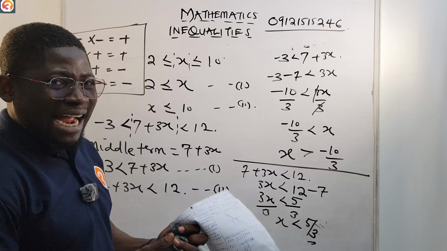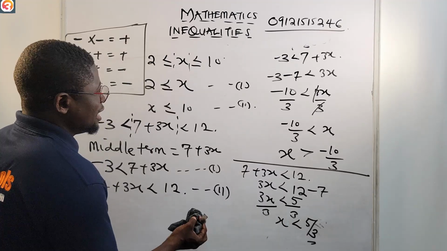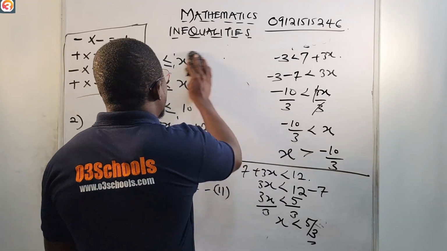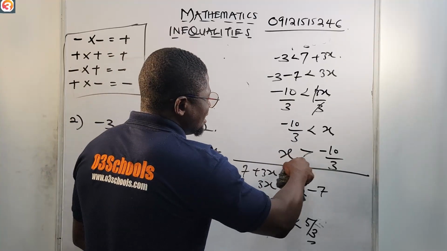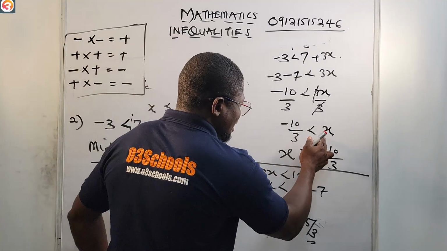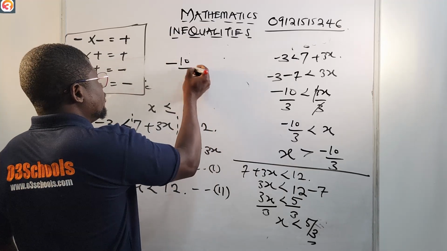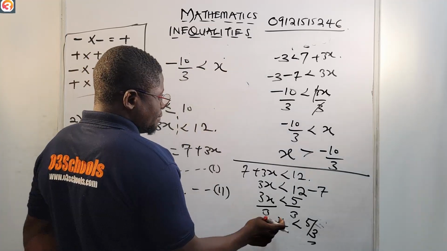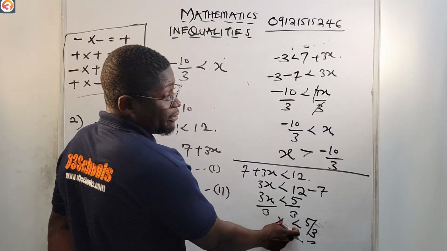Let me show you how you can combine what we have split now. We have x is greater than minus 10 over 3, which means minus 10 over 3 is less than x. But x is also less than 5 over 3.